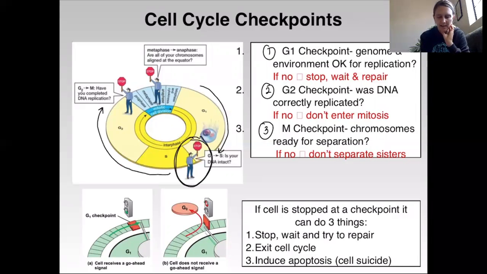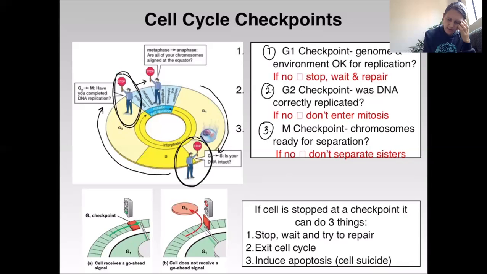And then we have a second cell cycle checkpoint called the G2 checkpoint, right before mitosis. It's going to ask, hey, was your DNA replicated correctly? Are you ready for mitosis? If your cell is like, yep, DNA replication went okay, we are ready to start nuclear division, then your cell will continue. And we have a third cell cycle checkpoint called the M checkpoint, or the metaphase checkpoint.